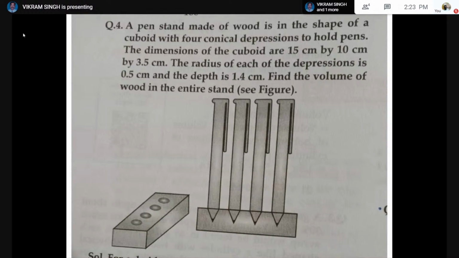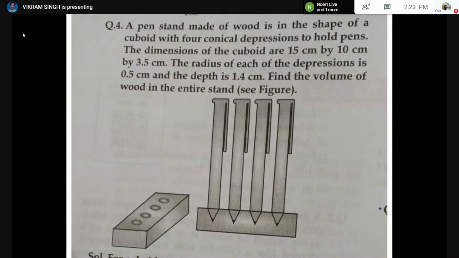Dimensions of the cuboid are 15 centimeter by 10 centimeter by 3.5 centimeter. The radius of each of the depressions is 0.5 centimeter and the depth is 1.4 centimeter. Find the volume of the wood in the entire stand.